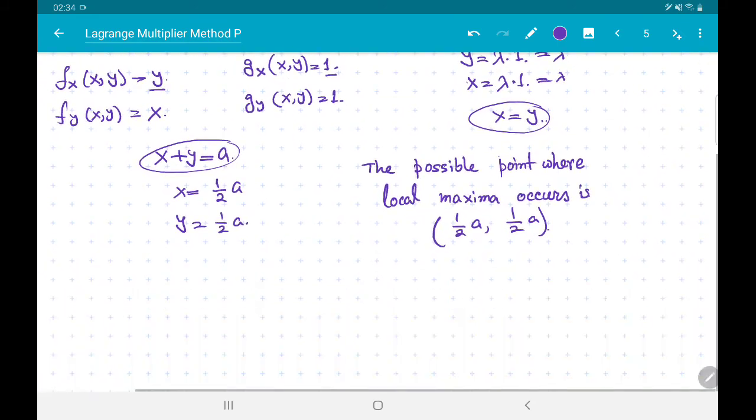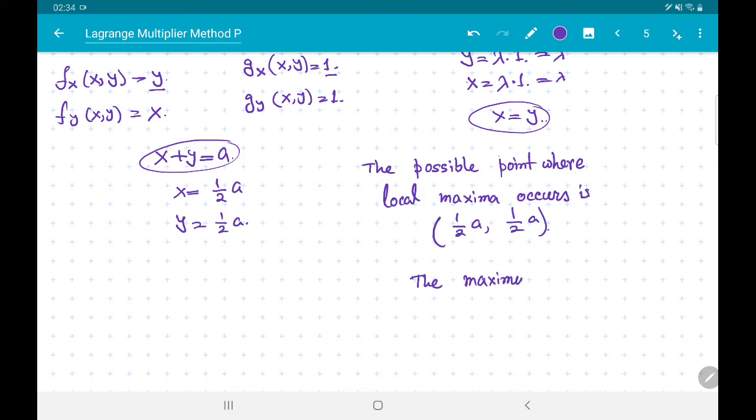And in such a case, what is the local maxima? If it is the local maxima, then the maximum value is given by half a times half a, which is a square by 4. So this finishes our discussion on Lagrange's multiplier method.